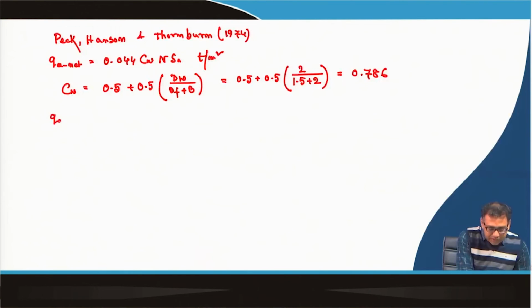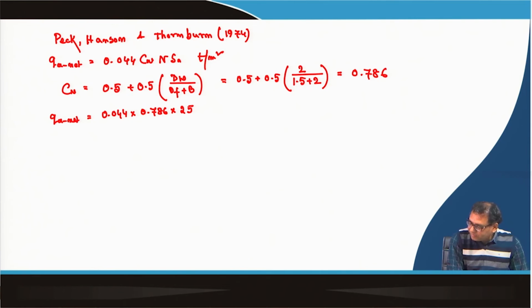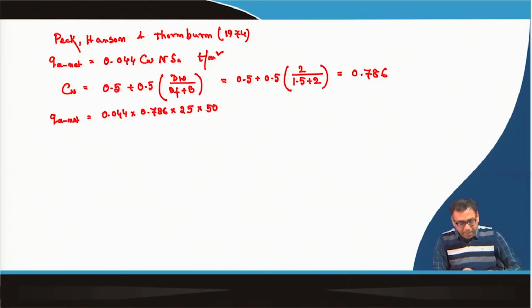So, Q allowable net will be equal to 0.044 into 0.786 into N is 25 into 50.